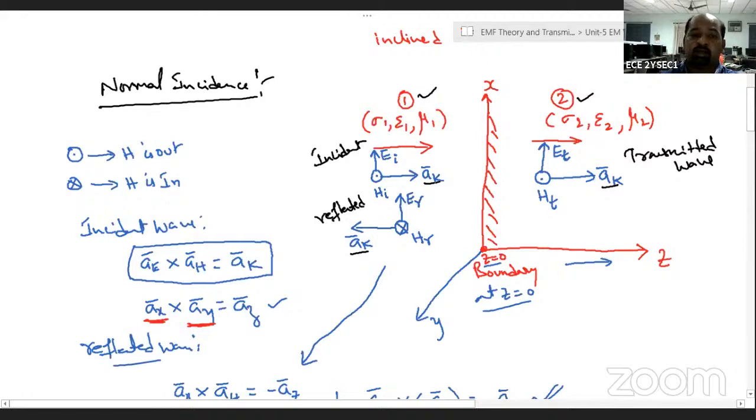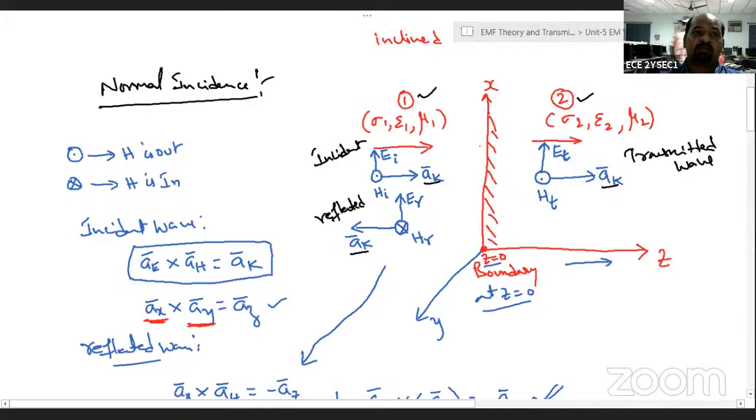Part of the wave reflects. ER is the reflected electric field, HR is the reflected magnetic field, and part of the wave transmits, ET is the transmitted electric field, and HT is the transmitted magnetic field. The direction of electric field and magnetic field for the incident wave and the transmitted wave are the same.